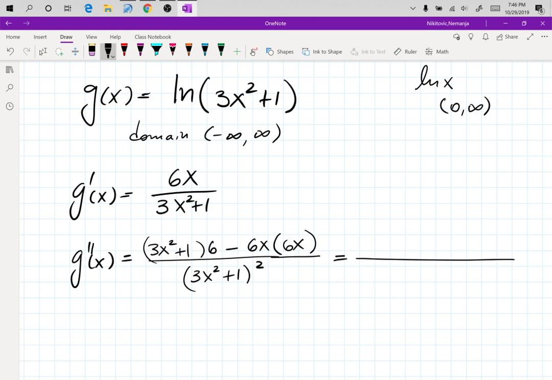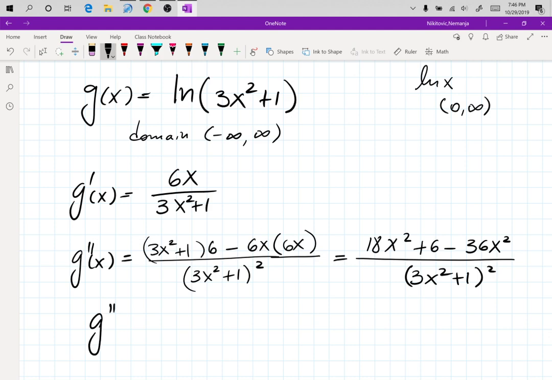3 times 6 is 18x squared plus 6 minus 36x squared, divided by a denominator we don't care about because it will die when we set it equal to 0.